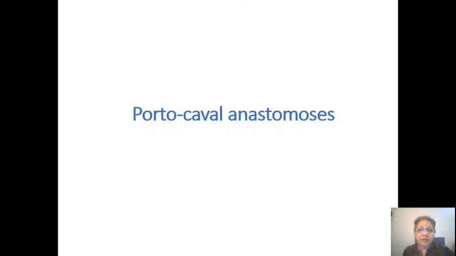In yesterday's class, you have already seen that there are several locations where the tissue drains venous blood in two directions, one into the portal venous system and two into the systemic venous system, which is what we call the caval system, because it consists of blood returning either to the superior vena cava or to the inferior vena cava.